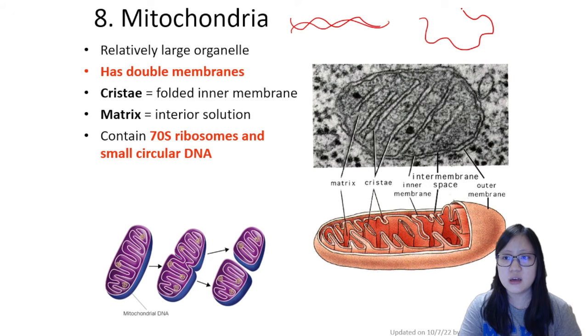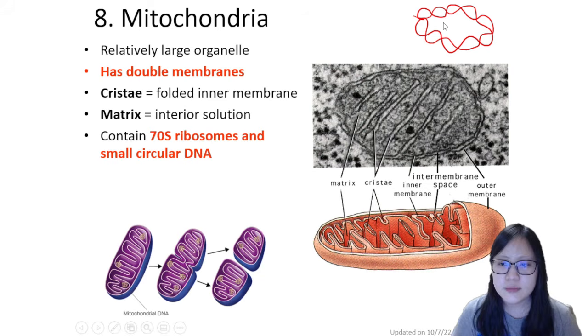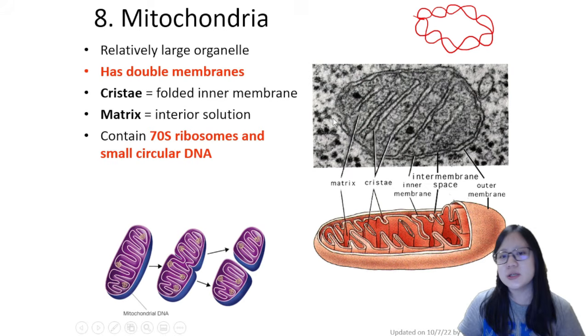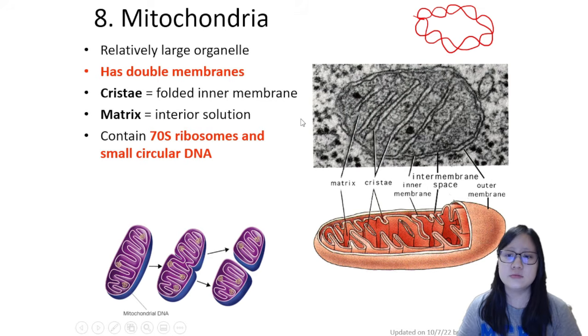So it's still a double helix, but this is a bad representation drawing, but it kind of loops back on itself. This would be circular DNA. This is linear. Now, this small circular DNA would code for some mitochondrial proteins that are needed for energy synthesis.